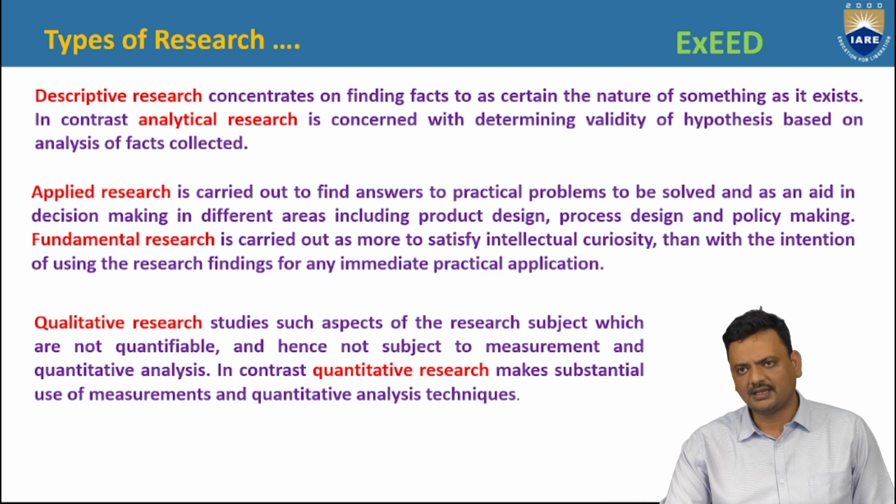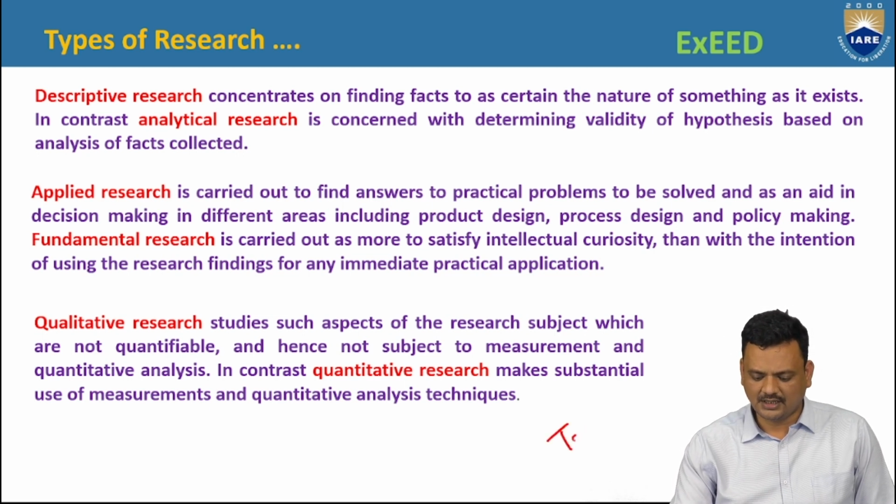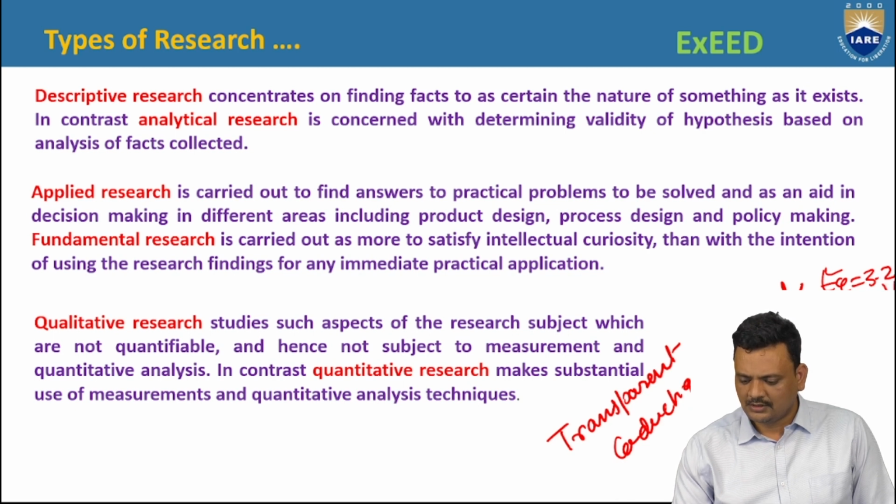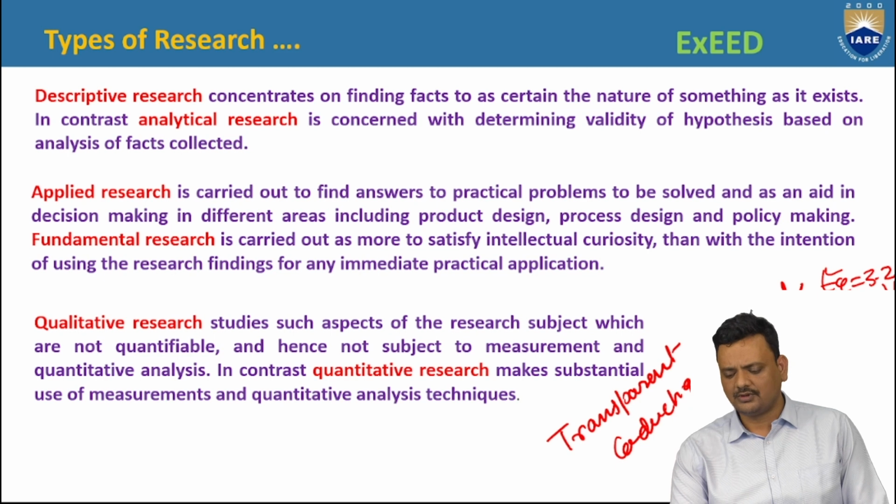As I gave the example of transparent conducting material, where we put a hypothesis: Eg should be 3.2 electron volt, free charge carrier density up to 10 to the power 18 per centimeter cube, absorption coefficient should be less than or equal to 10 to the power 4.